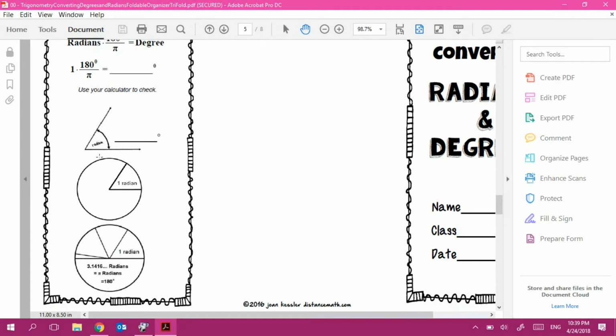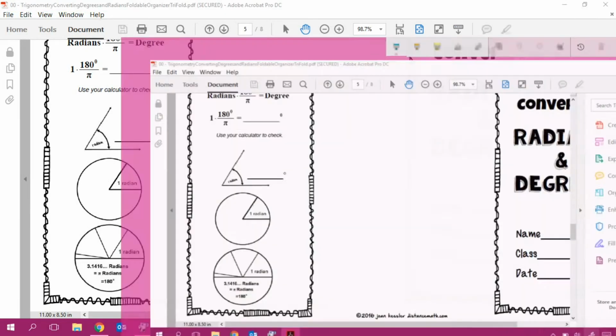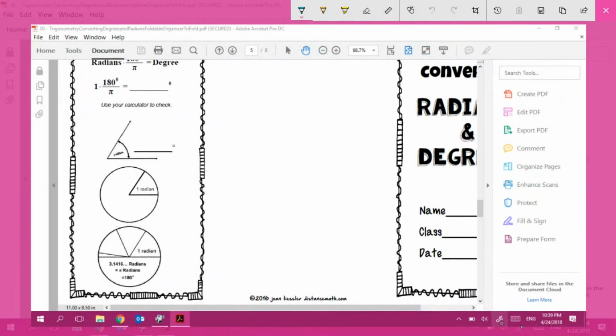And remember, 2 pi is the whole circle, because 360 degrees equals 2 pi. So in our picture right here, 3.14 is pi radians, which is half of a circle. 2 pi radians is the whole circle.